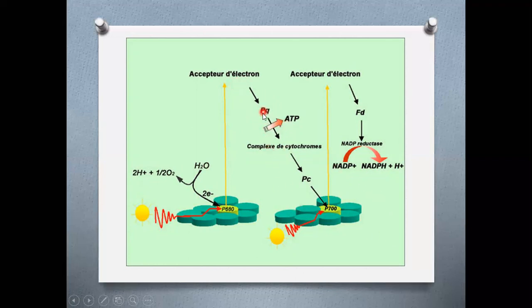You don't need to remember these carriers. Another photosystem is there, and light is falling on it. The electrons coming from the water hydrolysis are passed to the next electron acceptor, which is Fd, and reduction takes place here: NADP is reduced to NADPH.